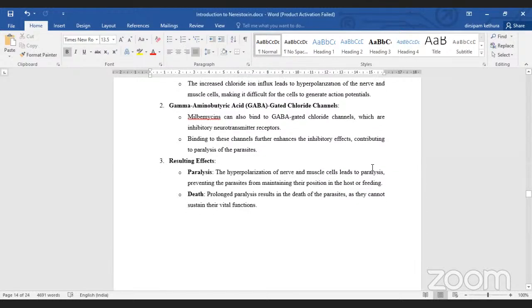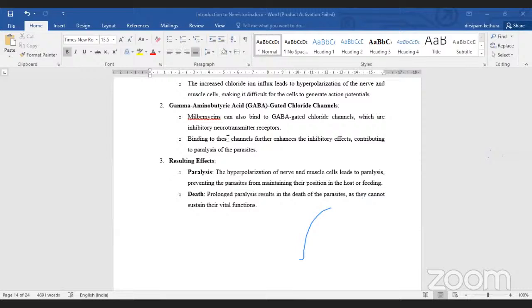And the second one is gamma-aminobutyric acid-gated chloride channels. As an introduction, we have studied about this GABA receptor under ligand-gated channels. These GABA receptors are present in the brain, and the chloride channels open when GABA comes and binds to the GABA receptor, which leads to hyperpolarization of the cell membrane and the inhibition of neuronal activity.